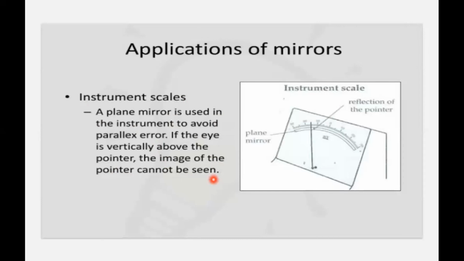Suppose you are taking a reading and you see the particular instrument from the left hand side or right hand side, then definitely the reading will be different. So what we do is we place a mirror beneath the pointer. So even if you see from any angle, you can see the pointer image and you can make out the exact reading of the particular instrument.